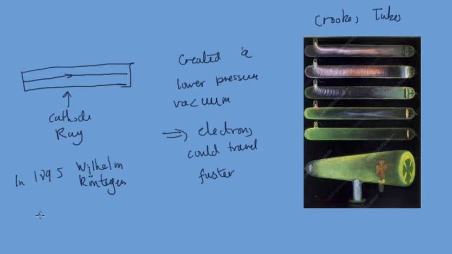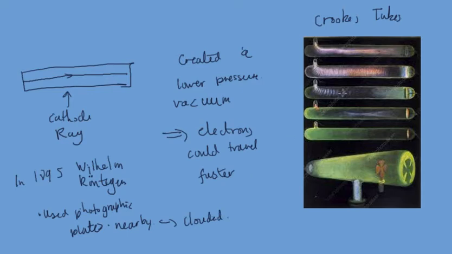He used photographic plates nearby, so they're not touching. He didn't have them touching the Crookes tubes, he just had them sitting nearby in his laboratory, and he noticed they became clouded.